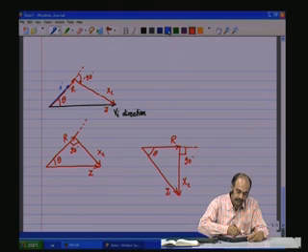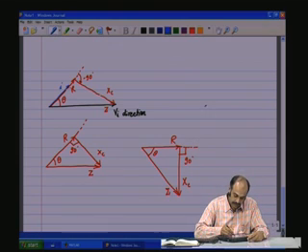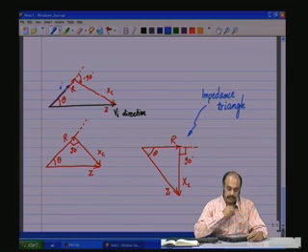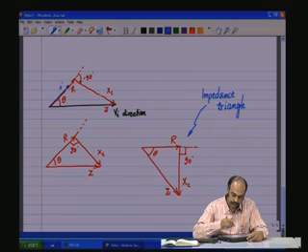Now, this triangle is called the impedance triangle.